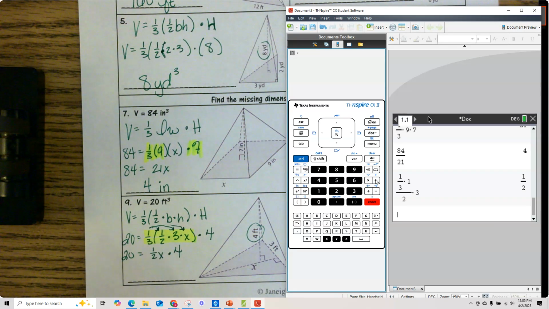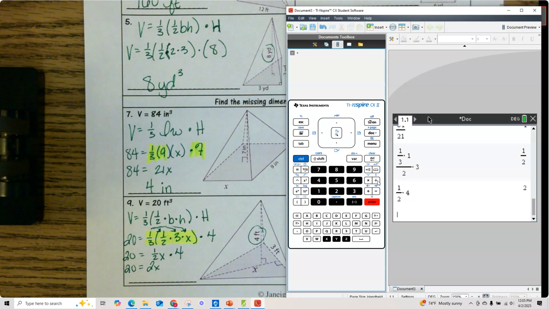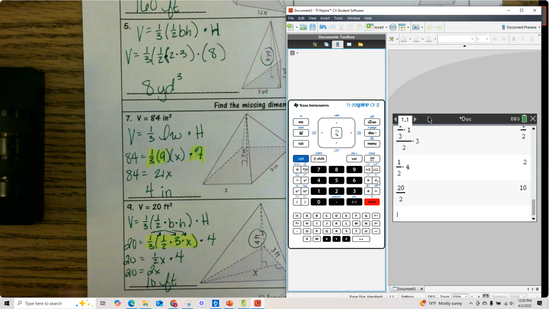You could do this in several little steps. So if we do 1/2 times 4, we get 2. So now I have 20 equals 2X. Divide both sides by 2. And it's 10 feet. Again, if you get a wonky number, you know you've maybe gone awry somewhere.